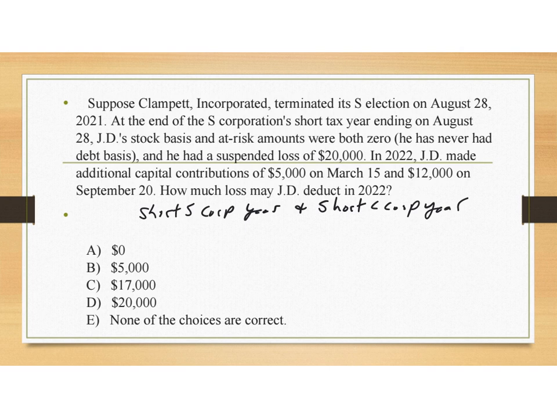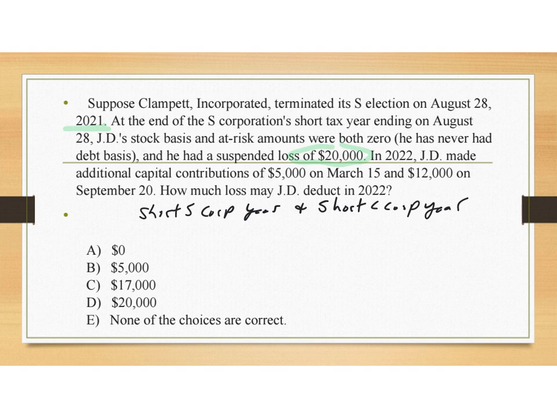Now, as you can imagine, the termination of an S-corp status creates a problem for folks that have suspended losses. Okay, so let's look at this problem. We've got Clampett Incorporated, and they terminate its S election on August 28th, 2021.